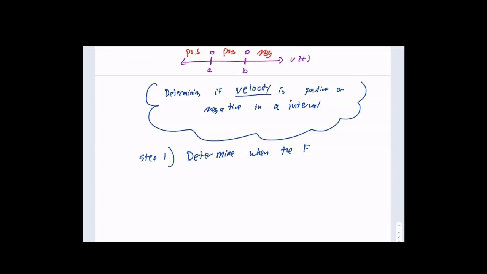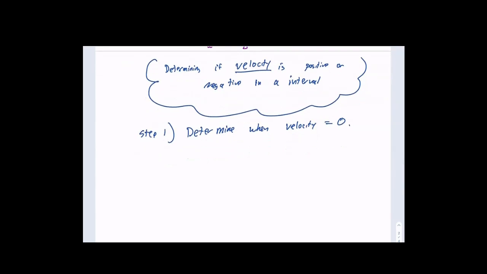All right. Well, the function is velocity, but it really applies to any function. Determine when velocity equals 0. That's your first step. Okay, so you're going to first determine when velocity is 0.